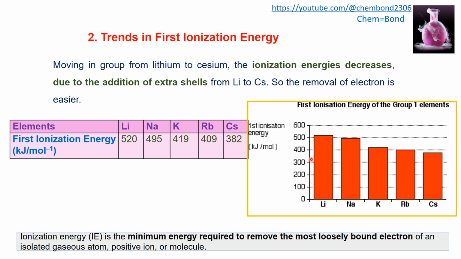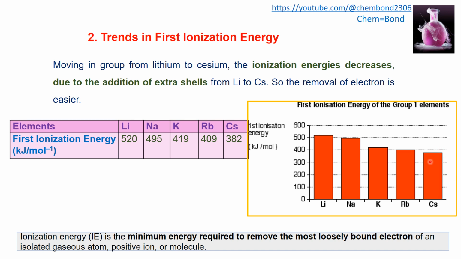The reason behind it is simple: when we move from lithium to cesium down the group, extra shells are being added to the atom. When extra shells are added, the attraction of the nucleus on the electron will decrease. In case of lithium, the attraction of the nucleus for the electron will be more, so it will tightly hold the electron and will not lose it easily.